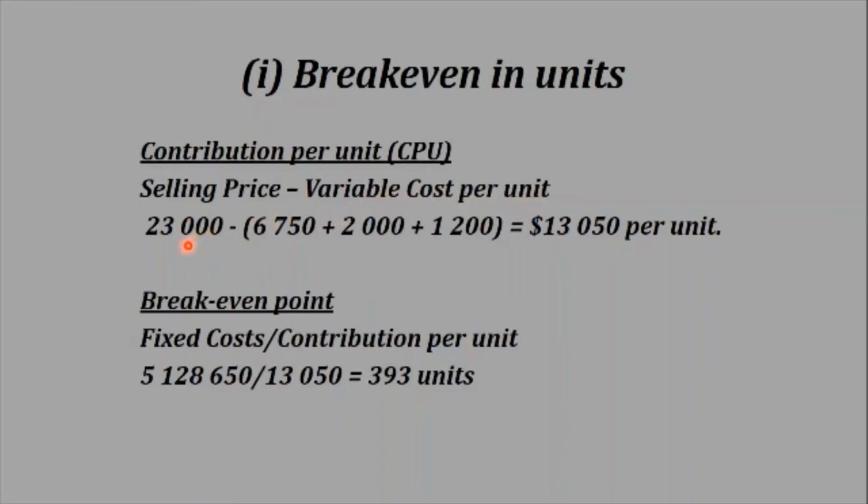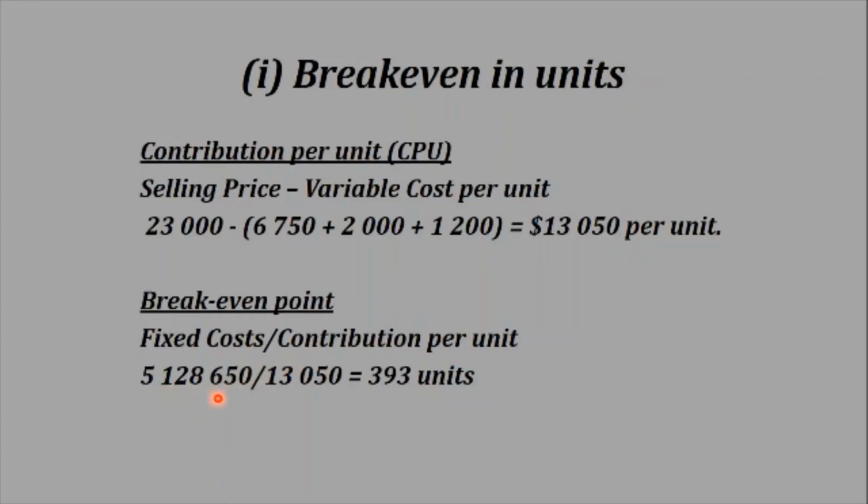So in this question, the selling price is 23,000, sorry, and the variable cost per unit is the raw materials plus the labor plus the overhead per unit. And when we take that from the selling price, we will get 13,050 per unit. The break-even point then becomes fixed cost over contribution per unit.